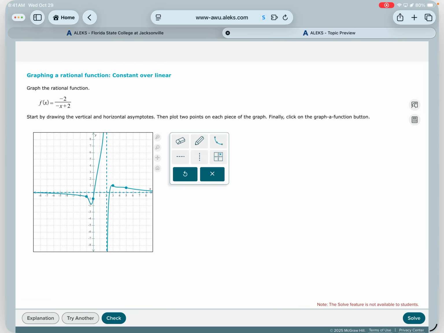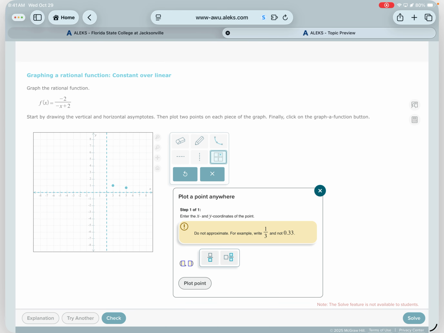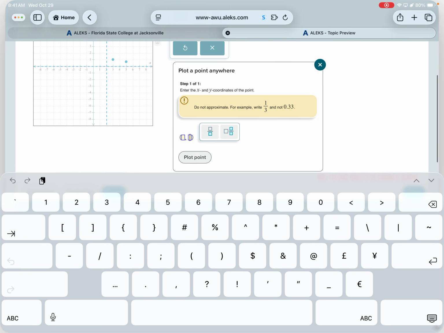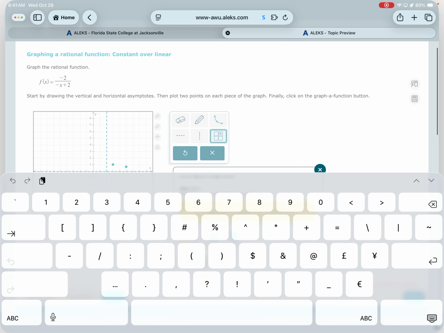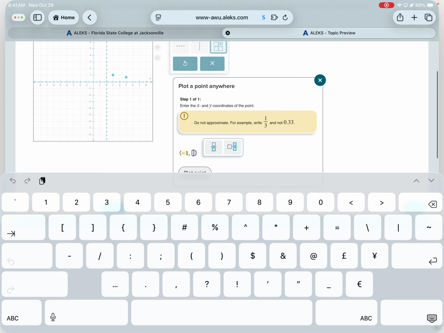Why did it do that? That's not right. Did I type a point in wrong? When I plugged in a -1, what did I get out? That's where I got negative 2/3. Isn't that what I did?